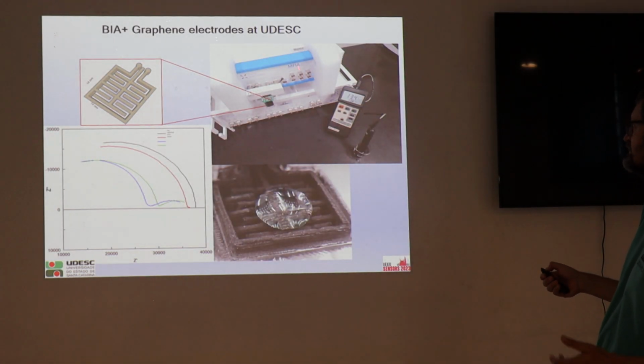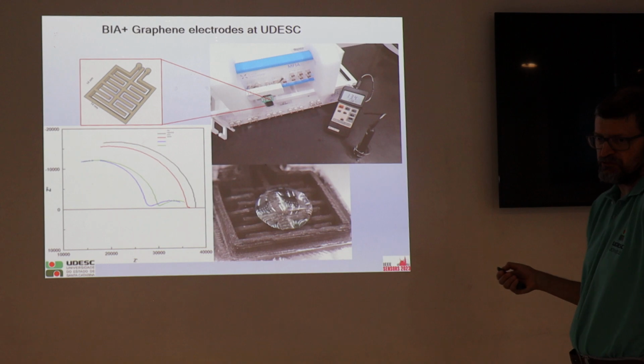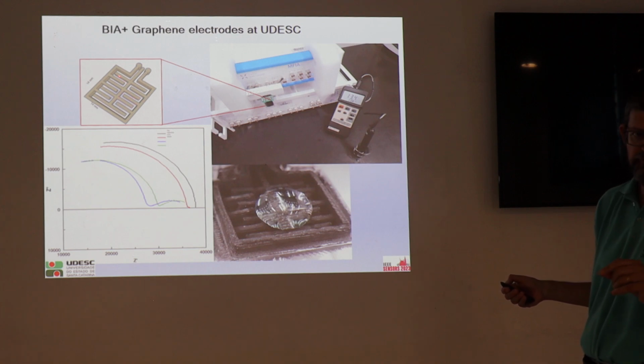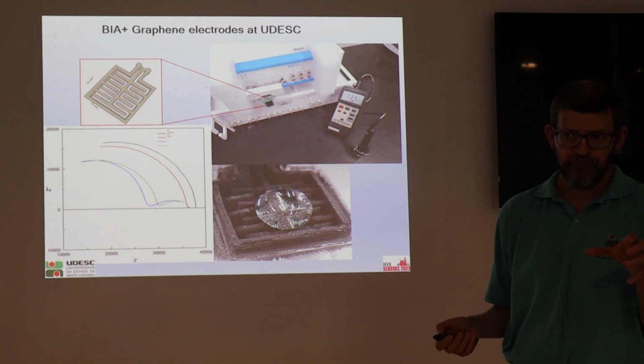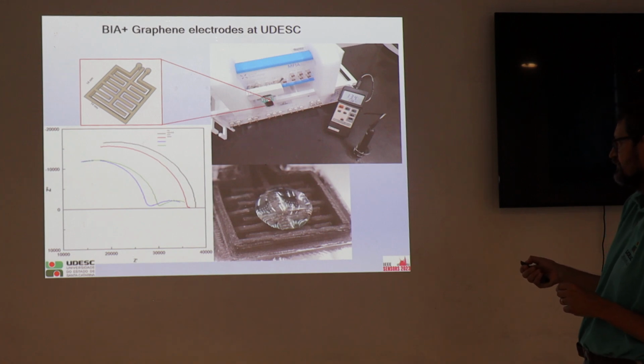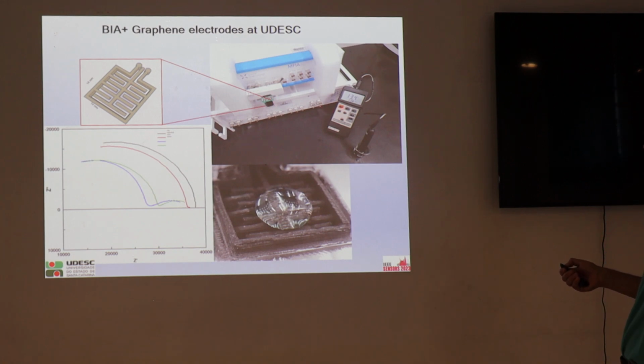And another one is we have used an impedance spectrometer from Zurich Instruments, and we have been building and printing biosensors using graphene in a 3D printer. We built this geometry, it is very small, and we are measuring the conductivity of the solution that we put in here.